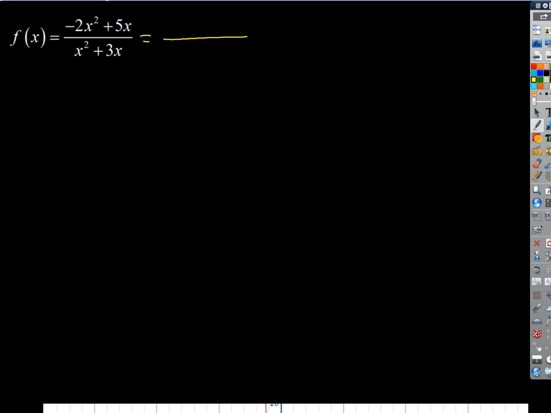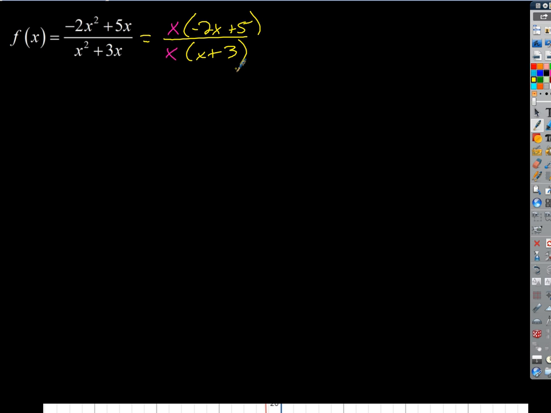So if we take an x out, we're left with what? So what's the first term going to give me when I divide an x away? Second term? Okay, and on the bottom? Okay, so what's the domain of the function here?